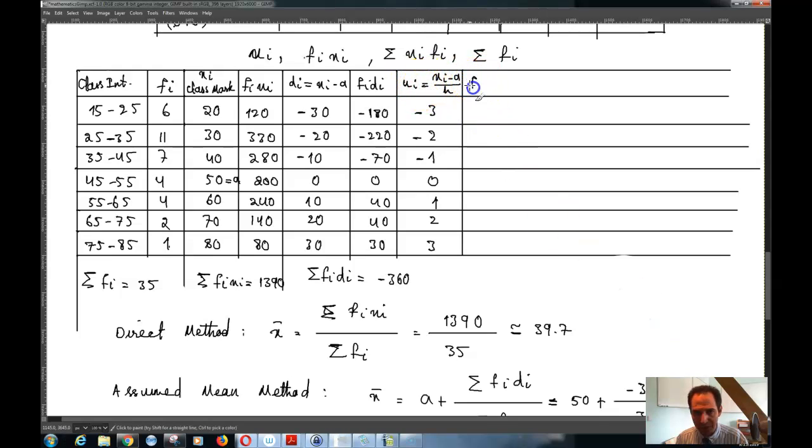Now f of I times u of I is equal to basically 6 times negative 3, that's negative 18. 11 times negative 2 is negative 22. That's negative 7, that's 0, that's 4, that's 8, and that is 3.